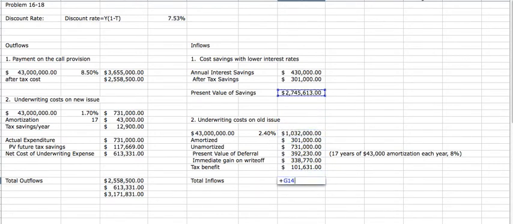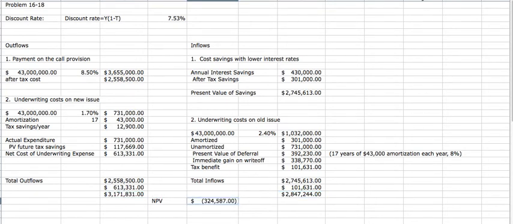So our total inflows will be our present value of the interest savings, and the tax benefit associated with accelerating our underwriting cost write-off. So total inflows are 2,847,244. That means our net present value will be our total inflows minus our total outflows.